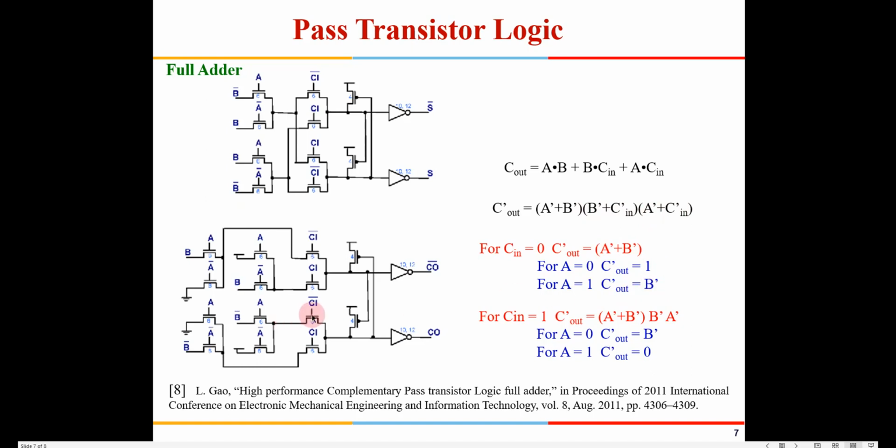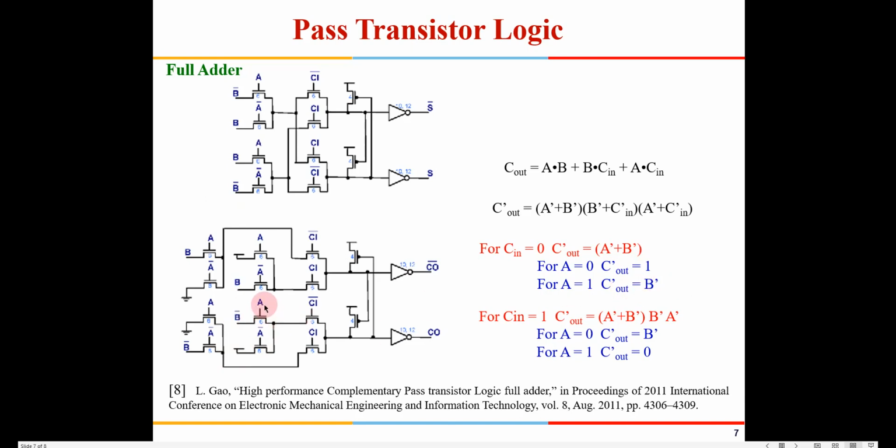So if you see here, this is C in bar out here. And then for C in equal to 0, this is the path here, right? For A equal to 0, it is 1, and for A equal to 1, it is B bar.